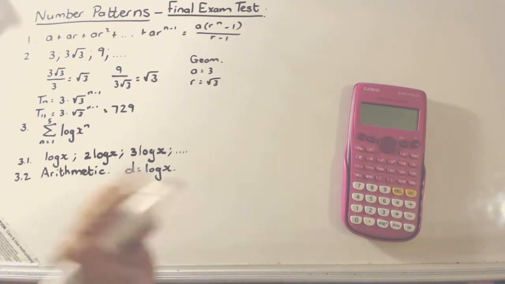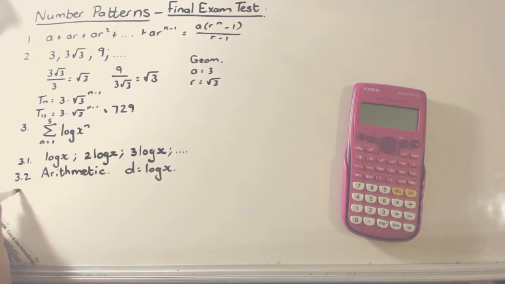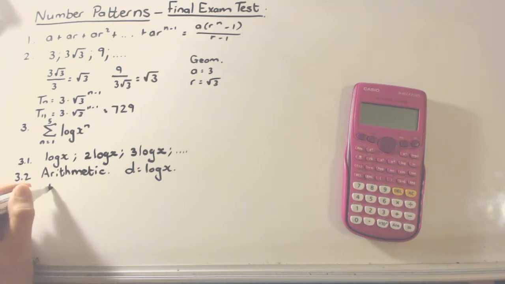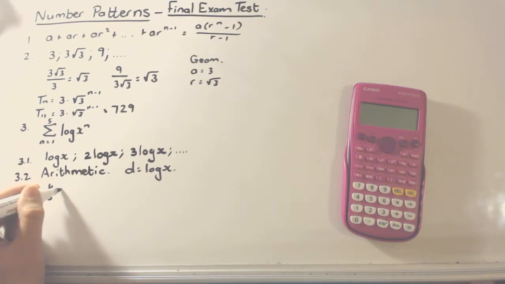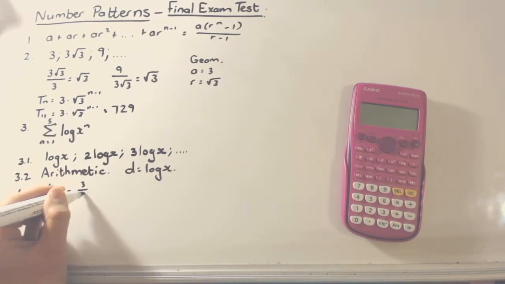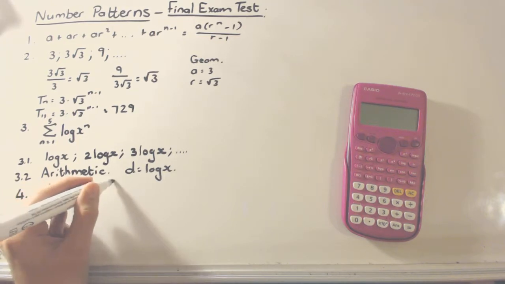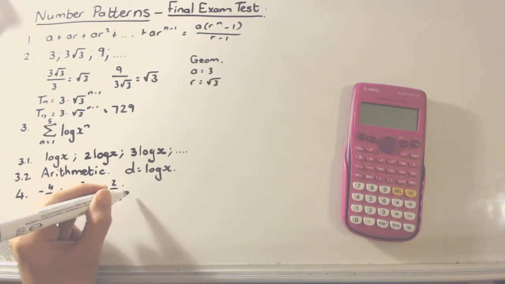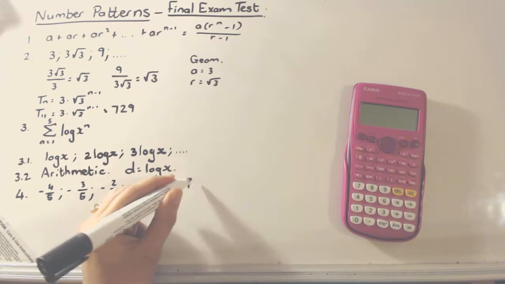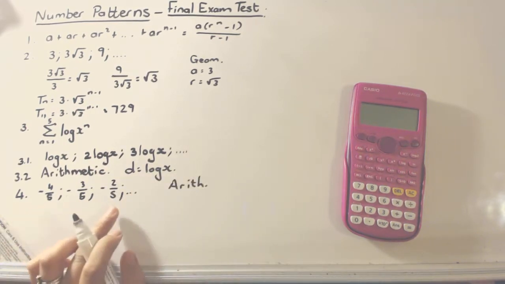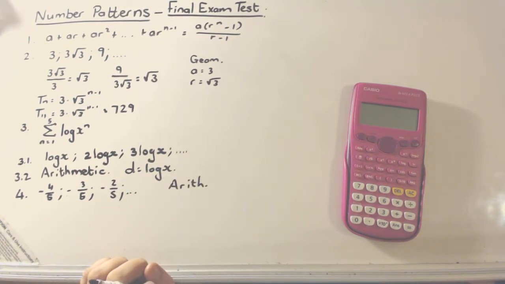Then question 4 says the first 3 terms of an arithmetic series are minus 4 over 5, minus 3 over 5, minus 2 over 5. Find an algebraic expression for the sum of the first n terms and write the answer in its simplest form.